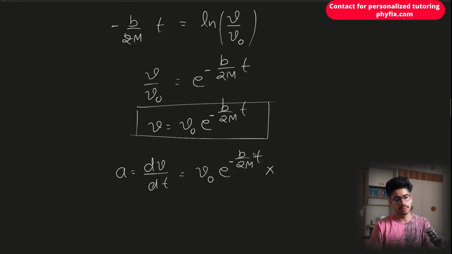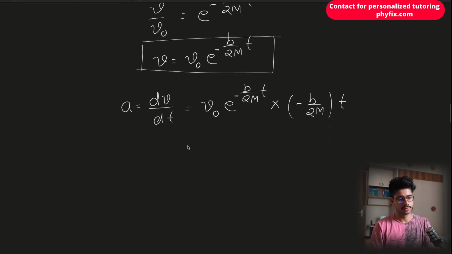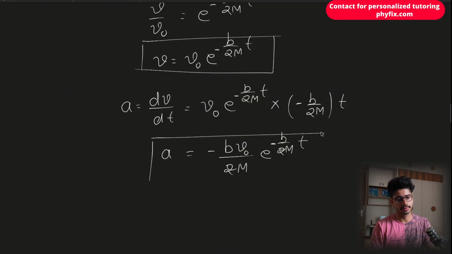According to the chain rule, we have to differentiate the exponent function again: minus b by 2m into t. So the acceleration is minus b v0 by 2m, e power minus b by 2m into t.